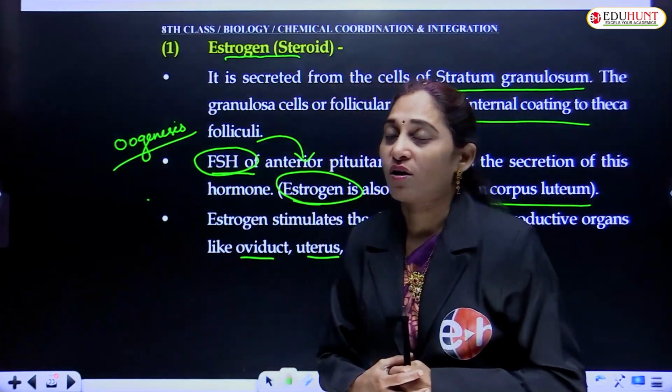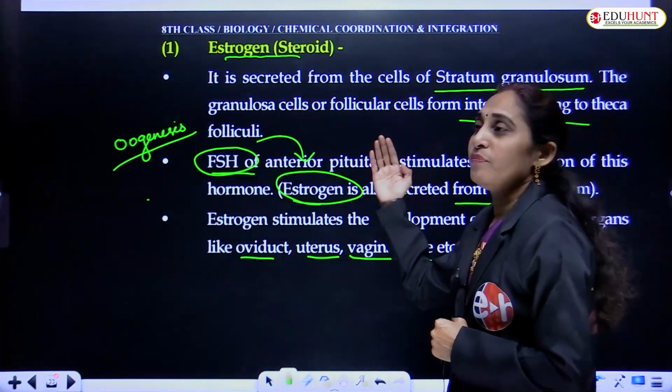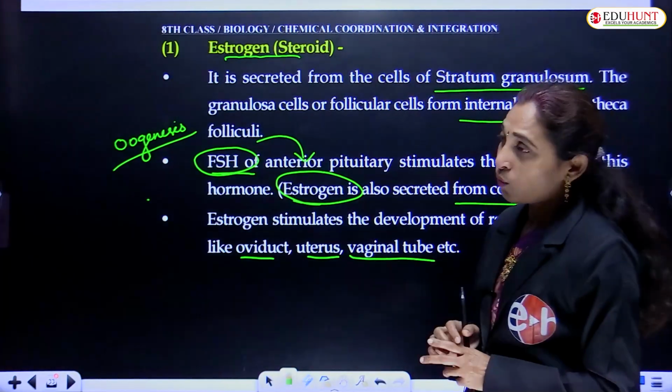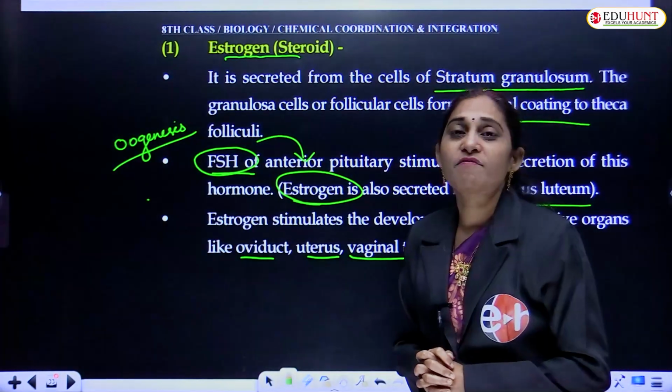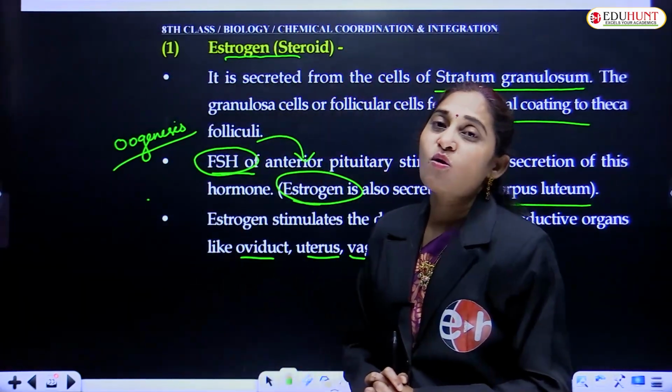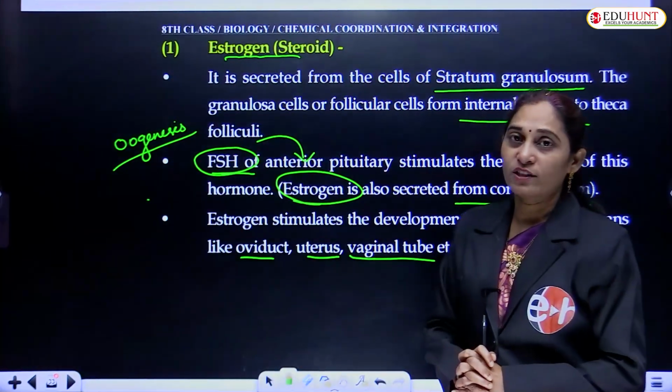the testosterone. In the same way, in female reproductive organs also, that is ovaries, we have a pair of ovaries in females. ఈ ఫీమేల్స్లో ఉన్న ఓవరీస్కి కూడా డ్యూయల్ నేచర్ ఉంది.